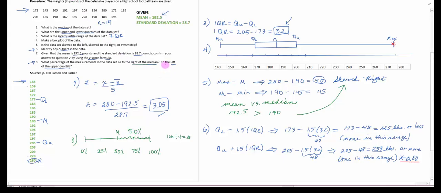And the other question is asking about what percent of the data falls to the left of the upper quartile. Well, 25% would represent the lower quartile, and 75% would represent the upper quartile. So if we're going to the left of the upper quartile, that would be from 75% all the way back down to 0. So that would be 75% of the data falls to the left of the upper quartile.